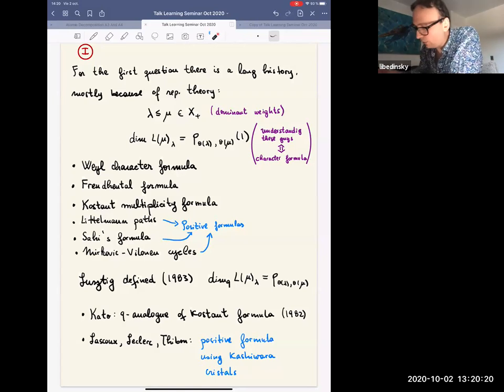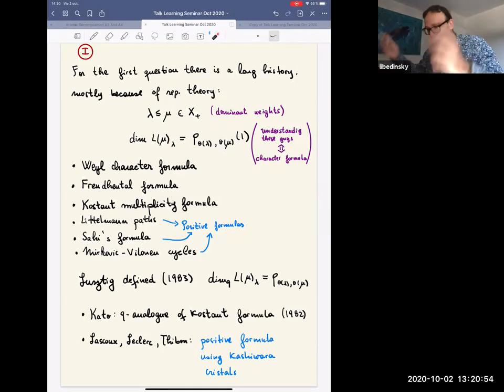Essentially, if you have lambda and mu, two dominant weights, the dimension of the simple highest weight representation of the complex semisimple algebra of weight mu, lambda, is the Kazhdan-Lusztig polynomial of lambda, mu evaluated in 1. So understanding these Kazhdan-Lusztig polynomials evaluated in 1 is equivalent to finding character formulas.